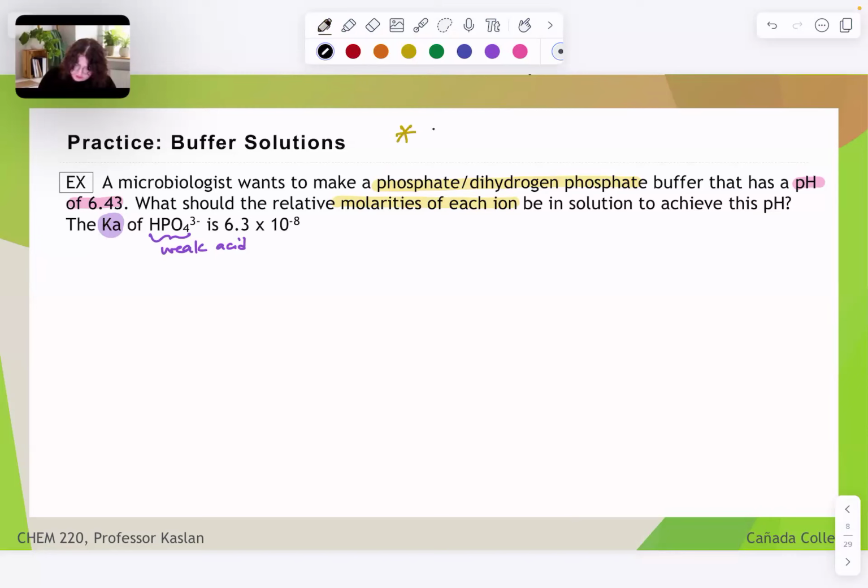So our goal is to get the concentration of dihydrogen phosphate and the concentration of phosphate that are needed to make the solution. I believe it should be HPO4 2 minus. There we go.